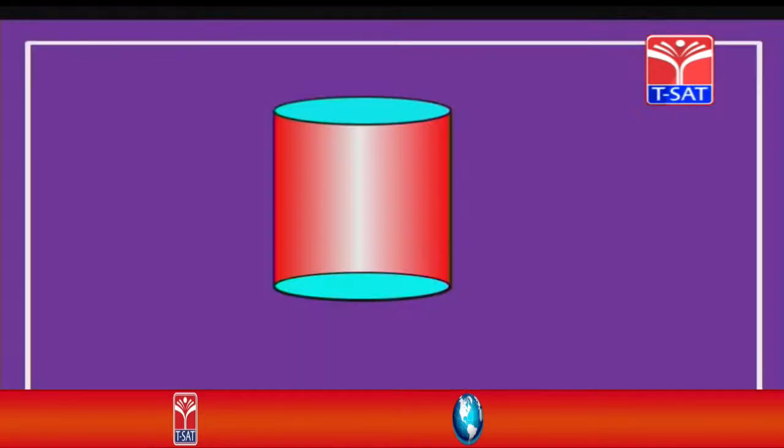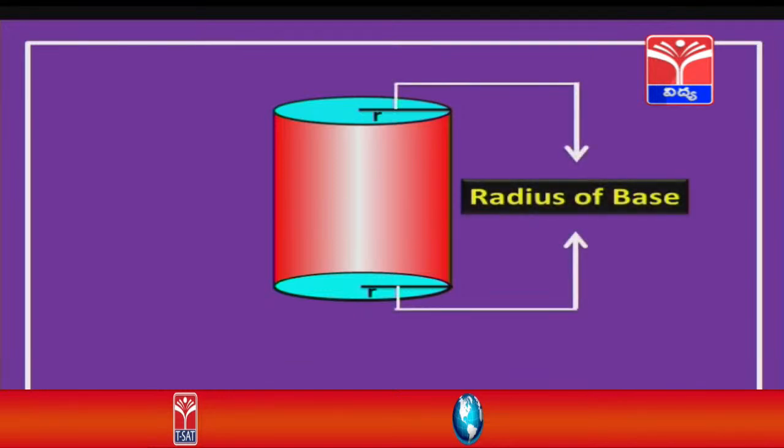Okay, children. Let us consider this cylinder. The line joining the center and any point on this base, we call the radius. We have two bases, so we have two radii.